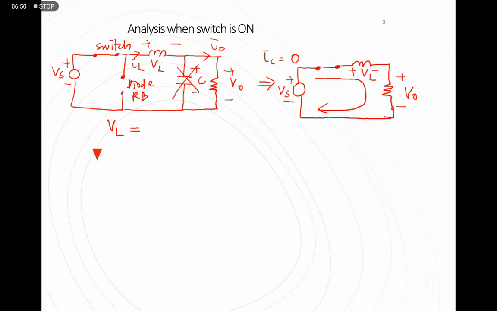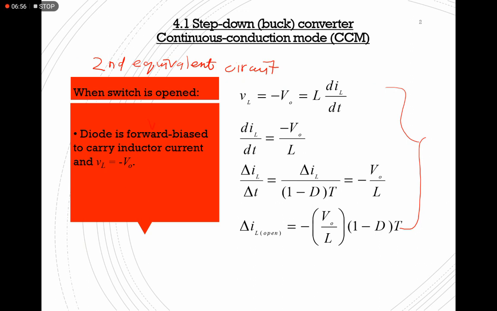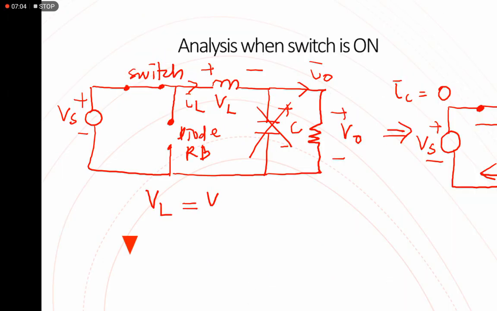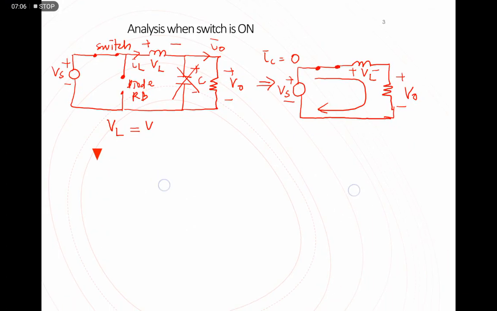Your voltage across the inductor will be equal to your output voltage minus your input voltage Vs. The summation of all voltages will be equal to 0.